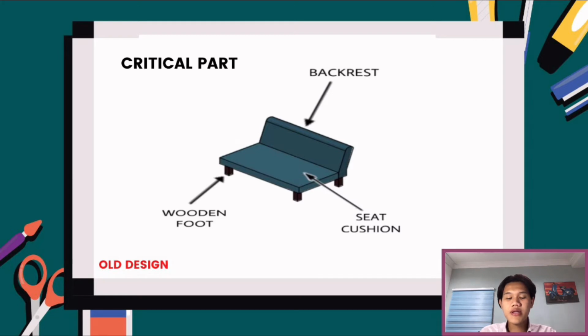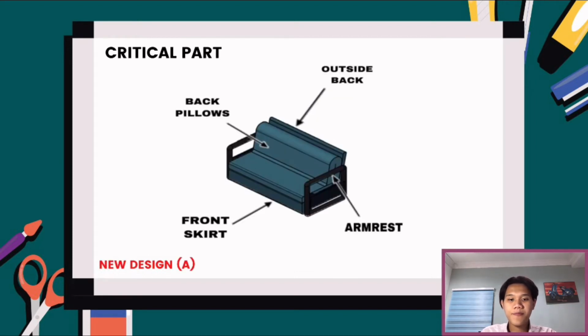The backrest function is to support a person's back when we sit, and the function of the seat cushion is a soft padding that makes sitting more comfortable, and the wooden foot function is to support the sofa and keep it elevated above the ground, allowing for a more comfortable sofa height.